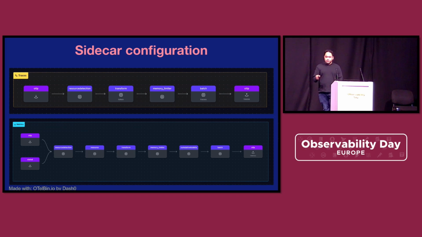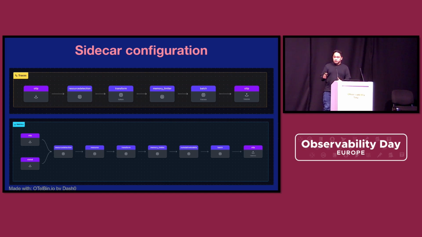For metrics, you have both entries, so either OTLP or statsd. Then you also pass through a step of resource detection, and forward these metrics to this resource step where we map some of the resource attributes into metric attributes, because we discard most of the resource attributes, otherwise we would have problems with cardinality.